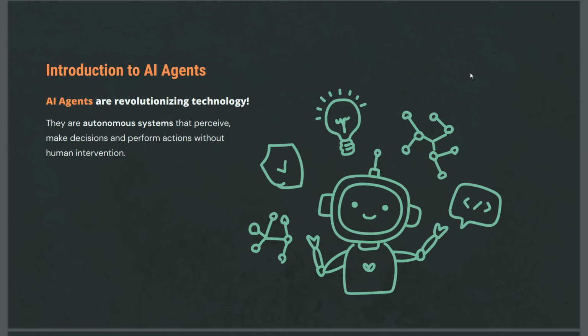A normal chatbot is something you automate to do just specific things, but an AI agent can grow with time, with more information that it gets, and it can correct itself from mistakes. So they are autonomous systems that can perceive, make decisions, and perform actions without human intervention, because they keep learning with time.